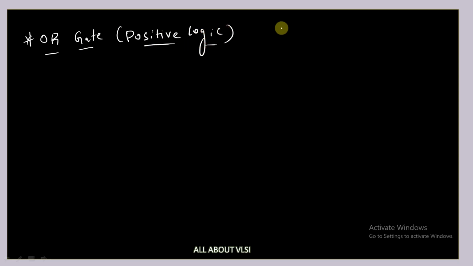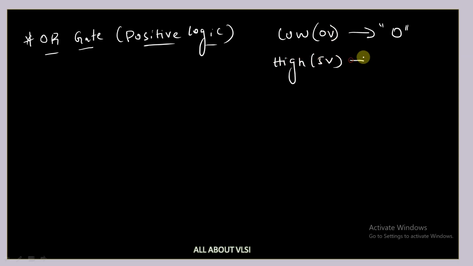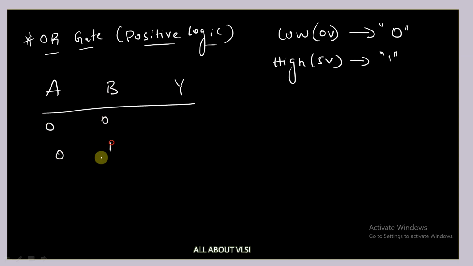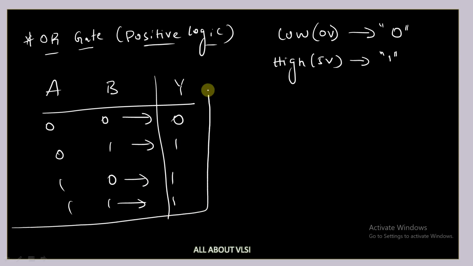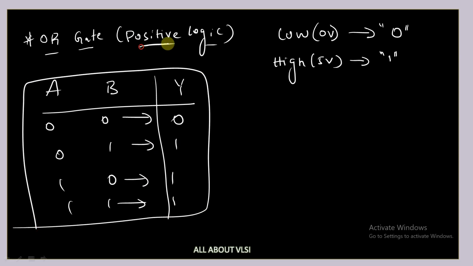Positive logic is low voltage, that is 0 volts, represented with logic 0, and high voltage, that is 5 volts, represented with logic 1. So if you have your inputs A and B and your output Y: 0 0, 0 1, 1 0, 1 1. The output is 0 1 1 1. So this is your OR gate truth table for positive logic.